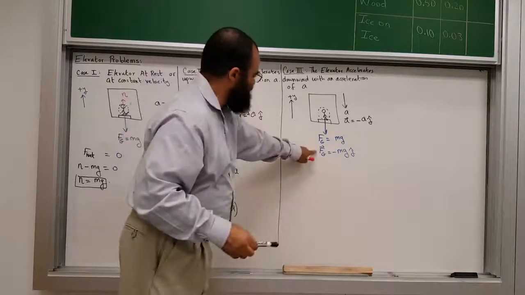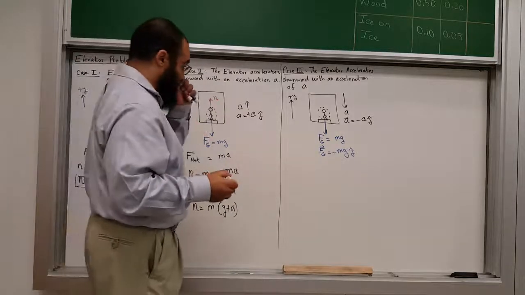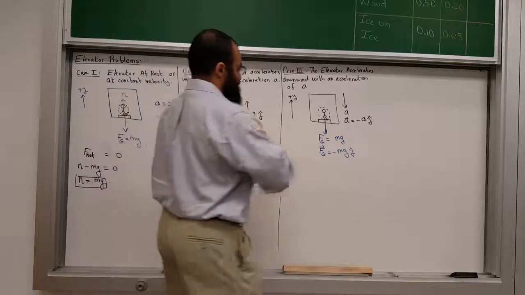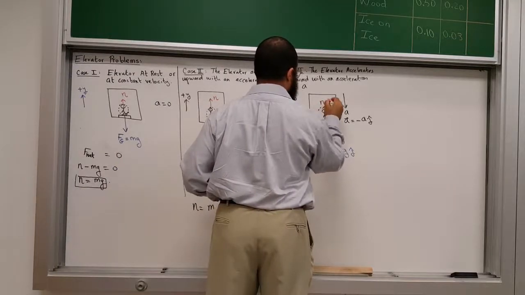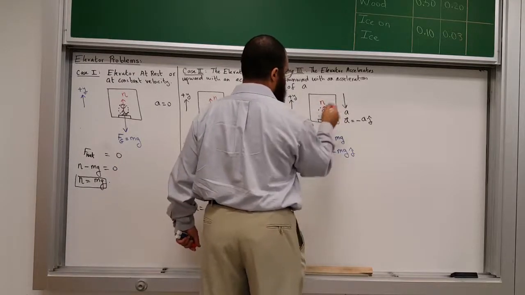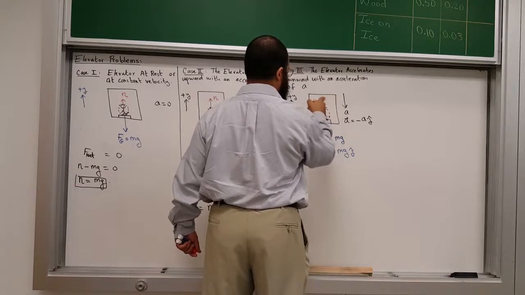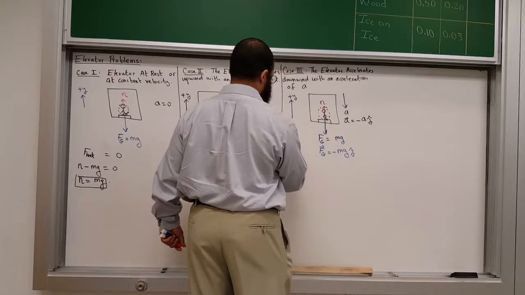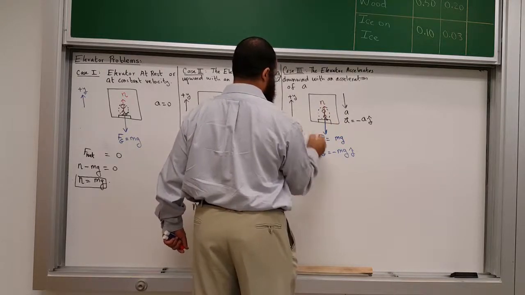In fact, let me do it this way this time, just to emphasize the vector nature. And then the normal force is upward, as usual. That's the normal force, and you can write it as a vector equal to just N j hat, because it's positive.